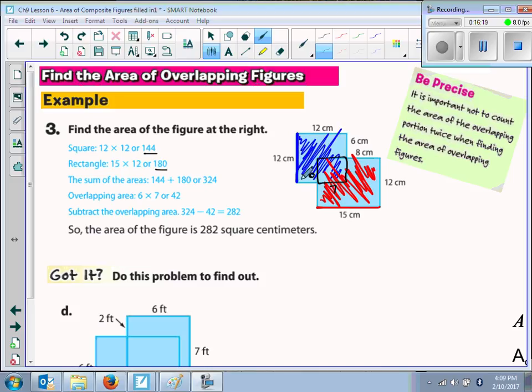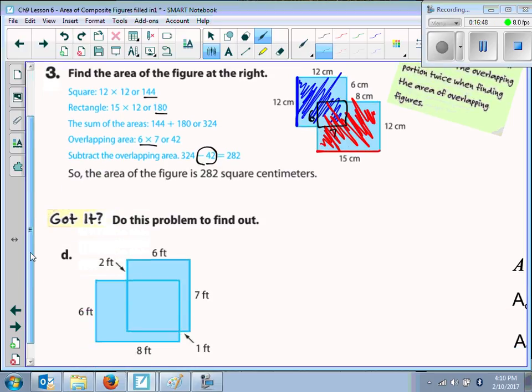Here I've already done the dimensions of the middle piece. We use the 12 minus that 6 up there, gives me this width. And down here we have 15 minus this 8 over here. That's going to give me that 7. So to find the area of this middle overlapping piece, that's how they got the 6 times 7, which is 42. And that is what you're going to subtract.